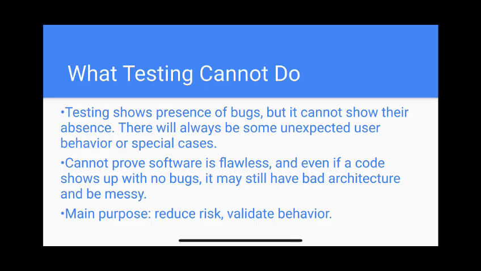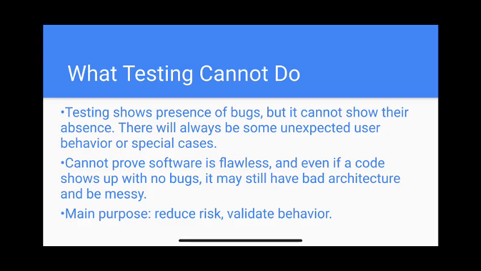Although there are so many benefits to software testing, and it may seem like it fixes all your problems with the code, there are many things that testing cannot do. Testing does show the presence of bugs, and it may show where the bugs are, but it cannot show their absence.